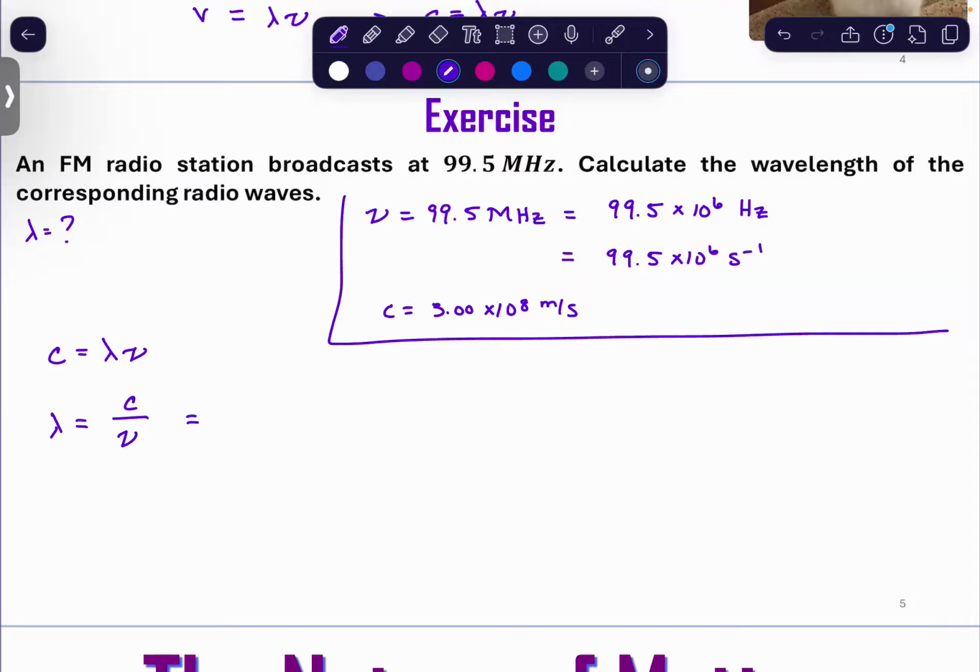So in this case, we have 3.00 times 10 to the 8th meters per second divided by 99.5 times 10 to the 6th. Let's write inverse seconds as 1 over seconds so we can see how this crosses out our units. And what we end up with is 3.01 meters for your radio wave.